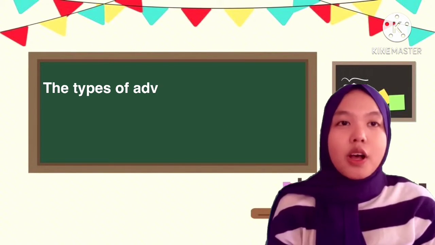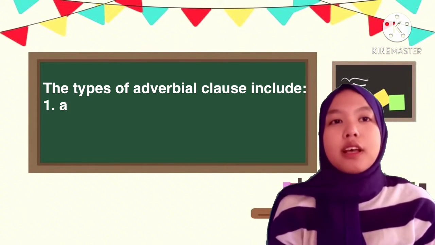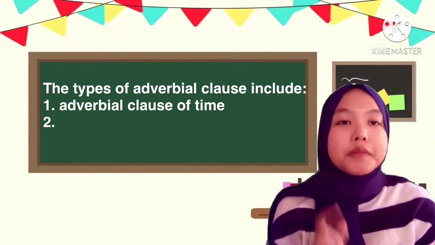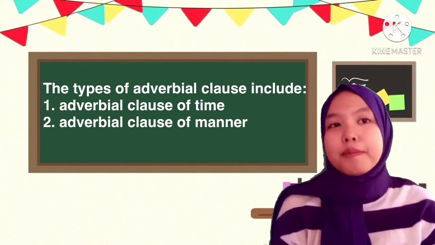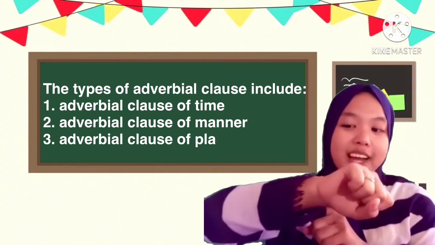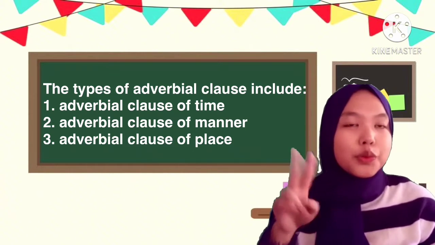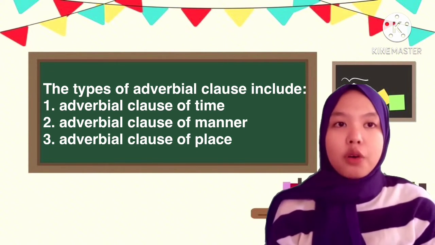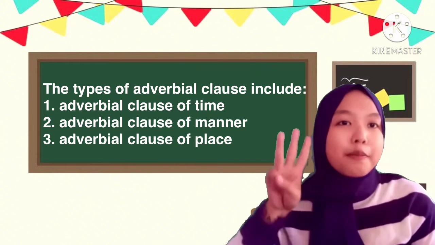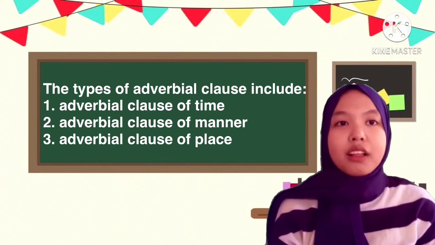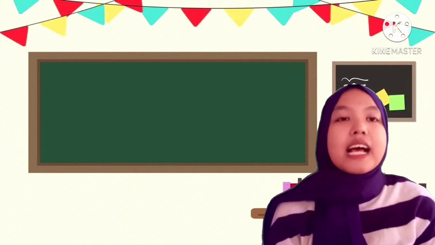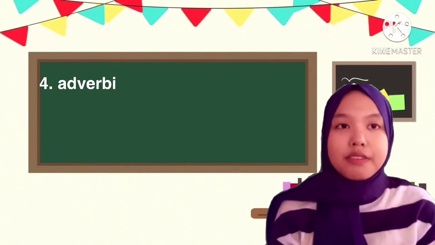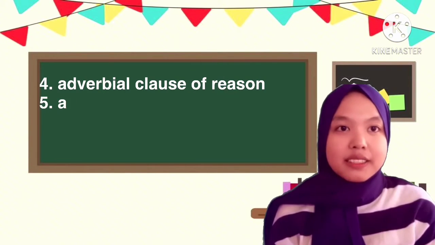The types of adverbial clause include: number 1, adverbial clause of time. Number 2, adverbial clause of manner. Number 3, adverbial clause of place. Number 4, adverbial clause of reason.